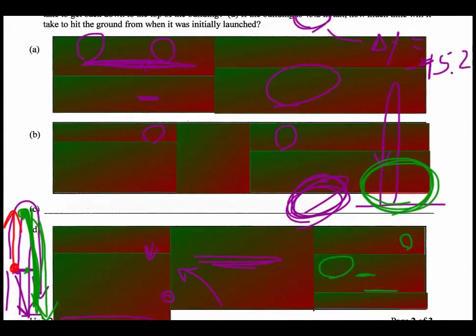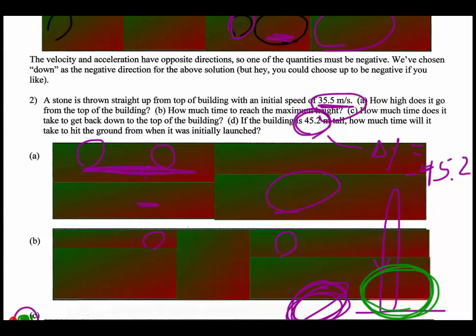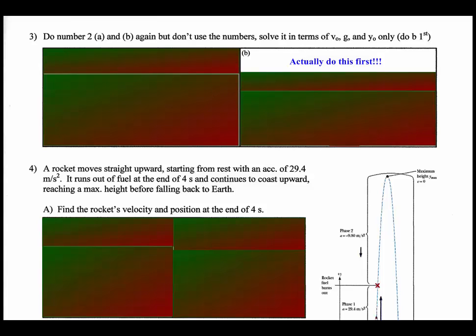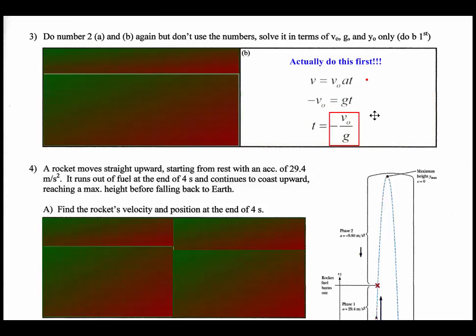So remember, for part B, what did we want? We wanted to find out how much time it takes to reach the maximum height. So using that same equation, we want to be in terms of V0, g, and y0. Well, we know that the acceleration is g, so we substitute in g for a.